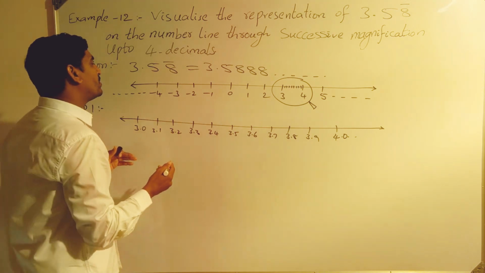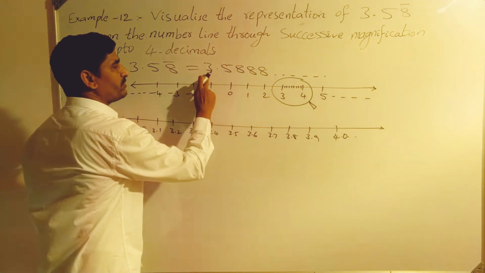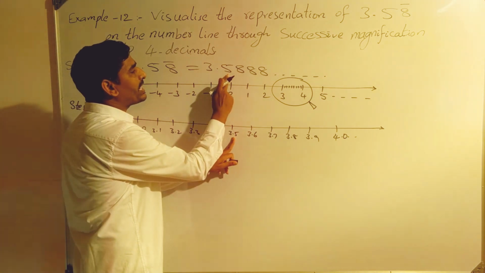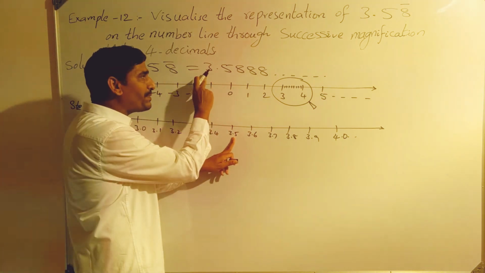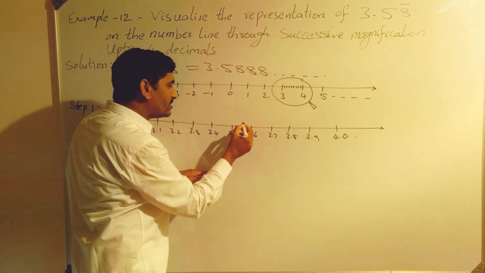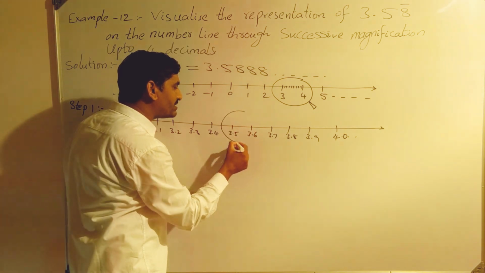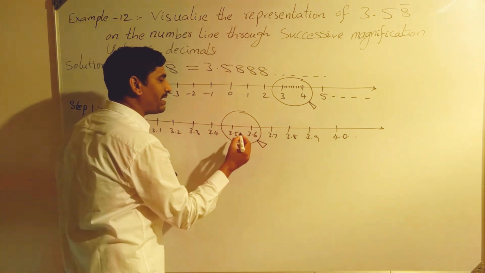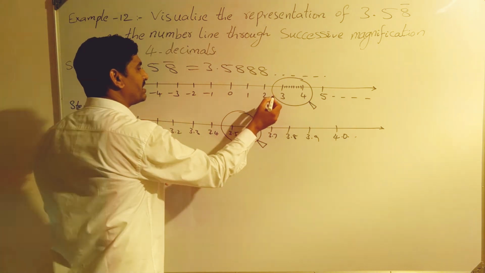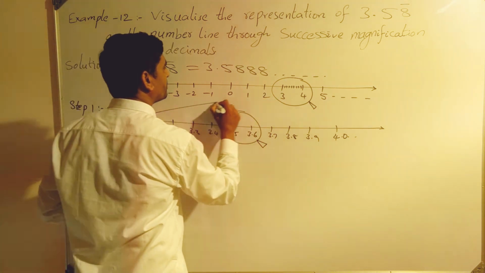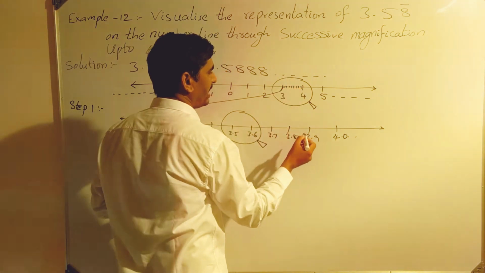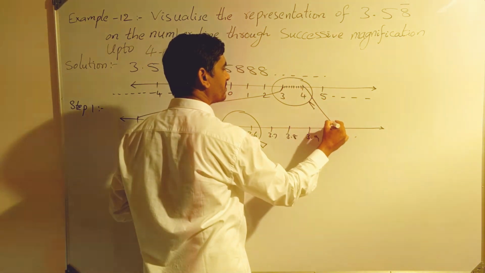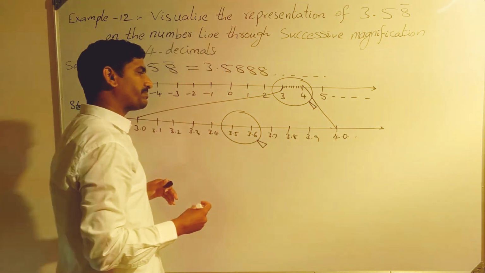Now 3 is done. Next, 3.5 is here, and after 3.5, 3.58 is there. So 3.58 lies in this part. Using the magnifying glass, this is 3 and this is 4.